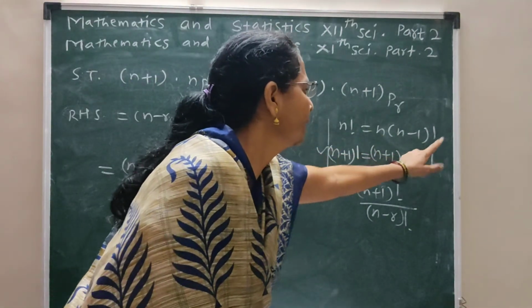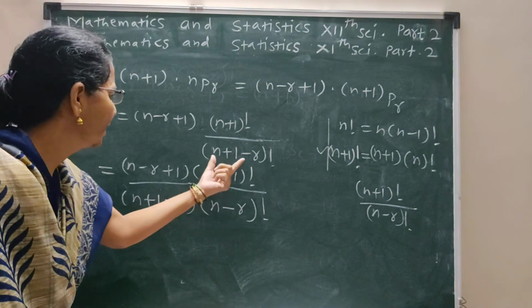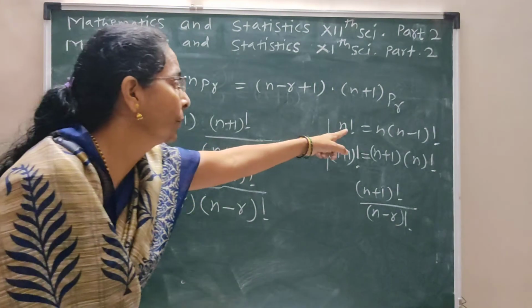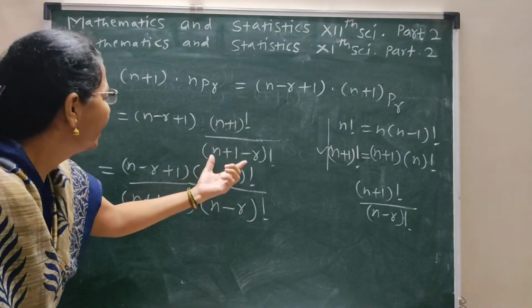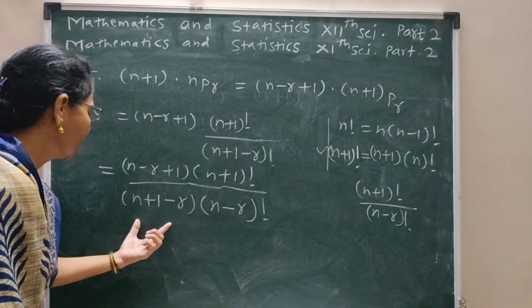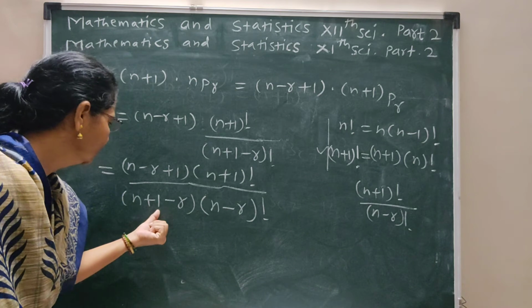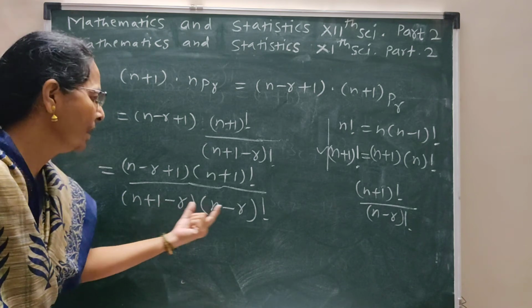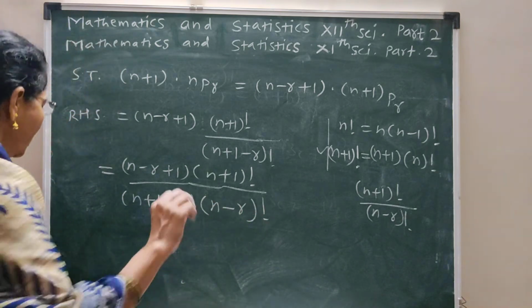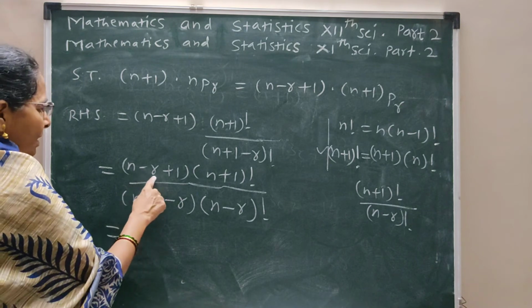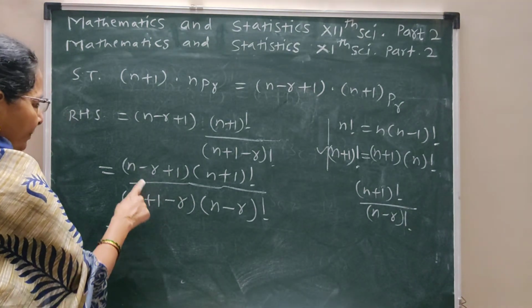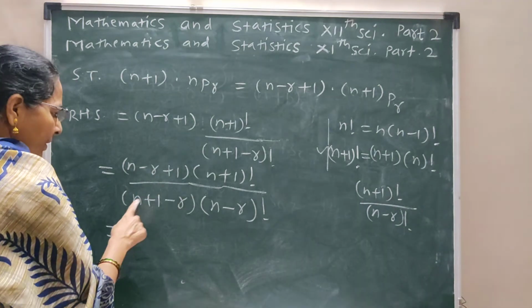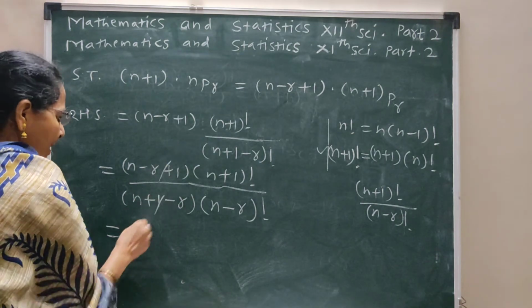n factorial is n times n minus 1 factorial. This factorial, that means this term minus 1, if we take, then n minus r factorial is there. So n minus r plus 1 will cancel.